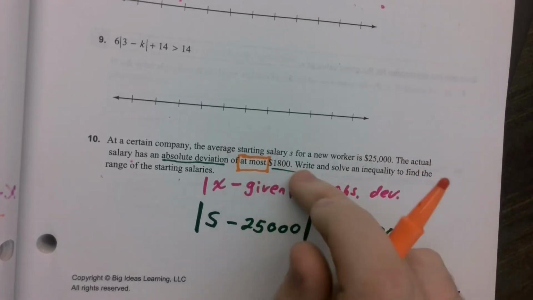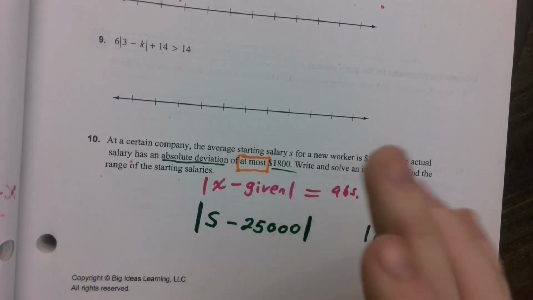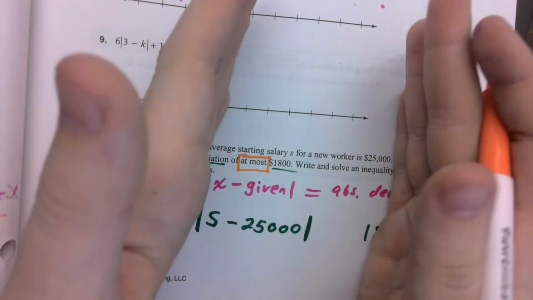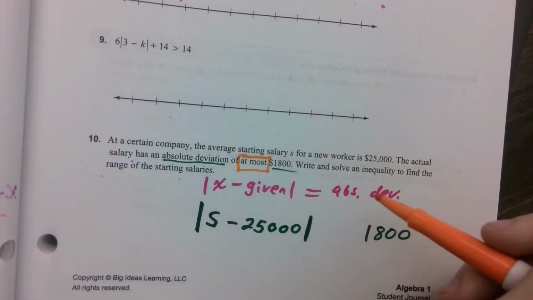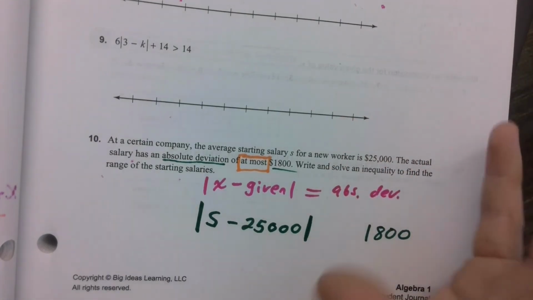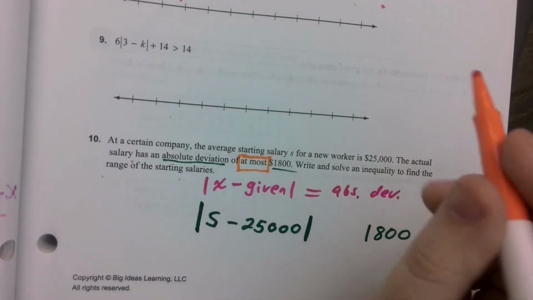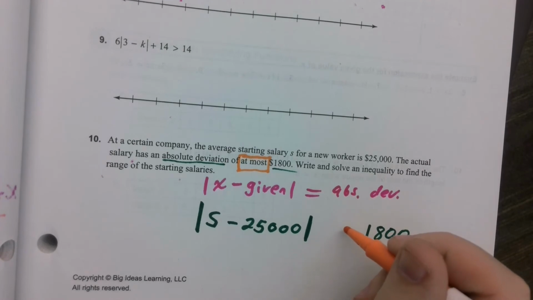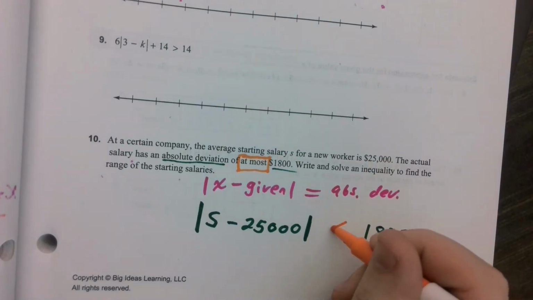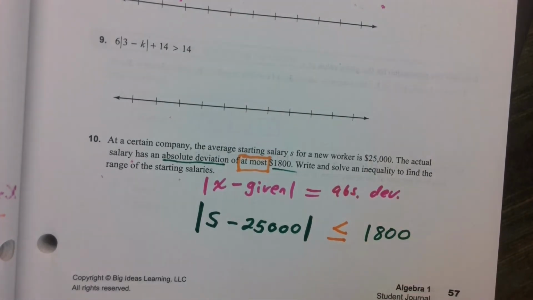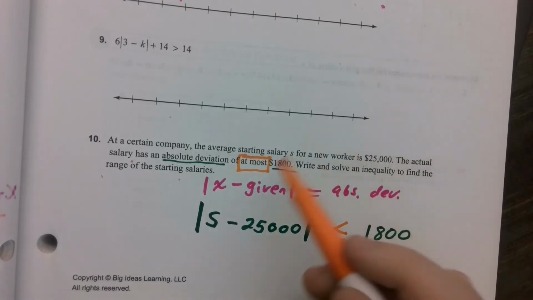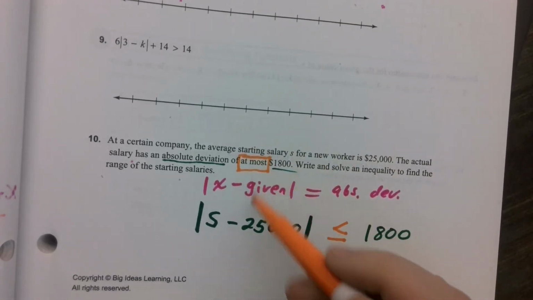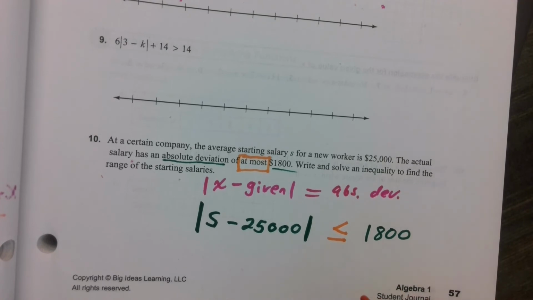Anytime your absolute deviation gives you a range that you're supposed to be in between, or the problem is looking for some salaries, for instance, that you're trying to find the range in between, it's an and inequality. So we want to use the symbol that correlates to that. You could have also figured it out because the words at most means less than or equal to.